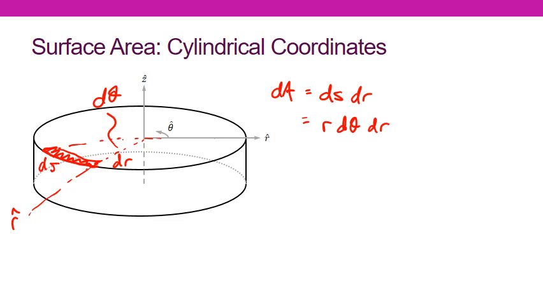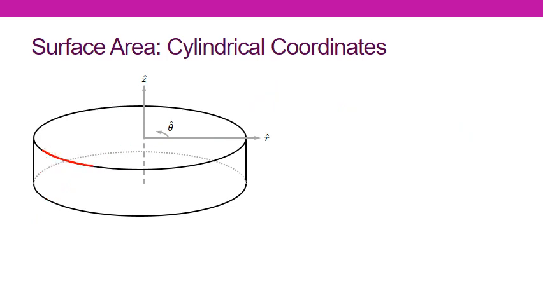So dA is r d theta dr. And we would add up these, and that would give us the area of our circle, and we'd multiply that by 2, and that would give us the top and the bottom. So this one we already know, so I'm not going to do that one again.